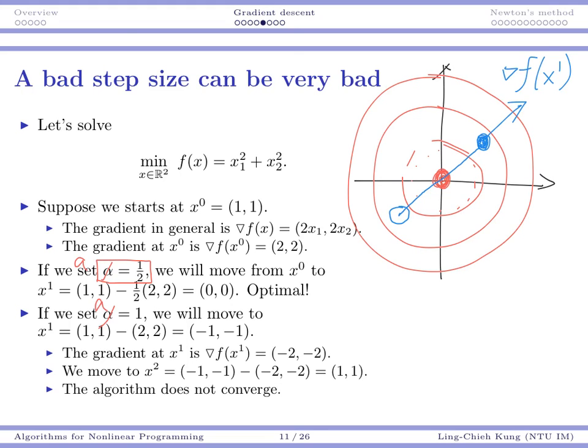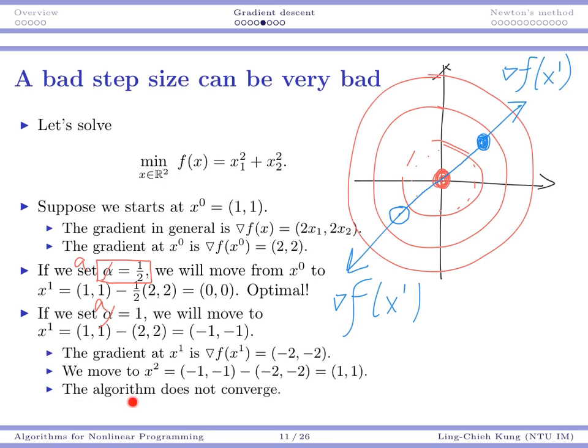And what's worse is that if we keep iterating, and calculate the gradient at x1, we will see that the gradient at x1 is (-2, -2). So if we use the same a to do the iteration, we will move to (1, 1) again, and we will pass through the optimal solution again.